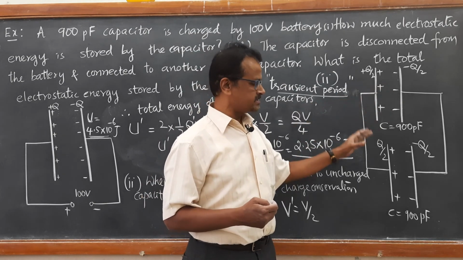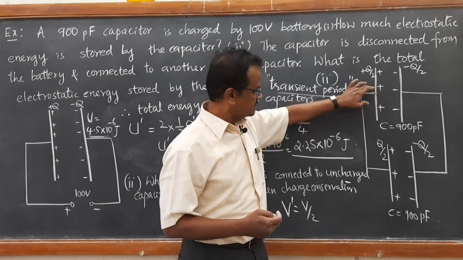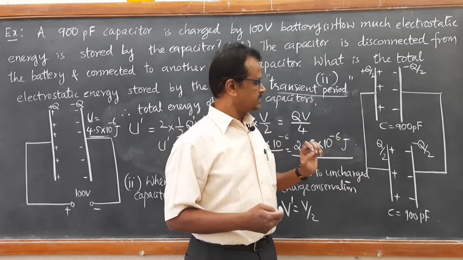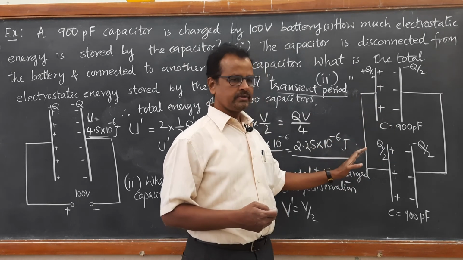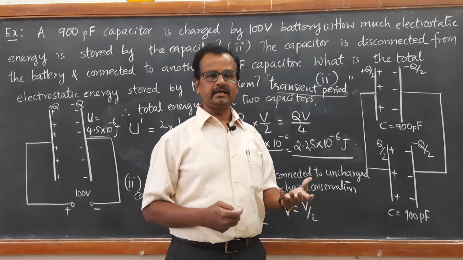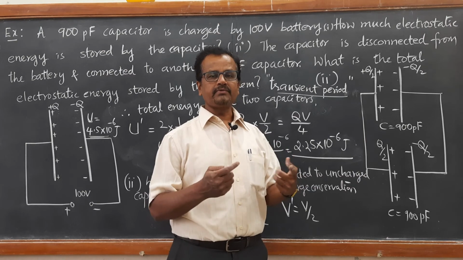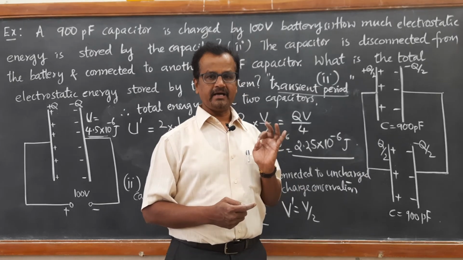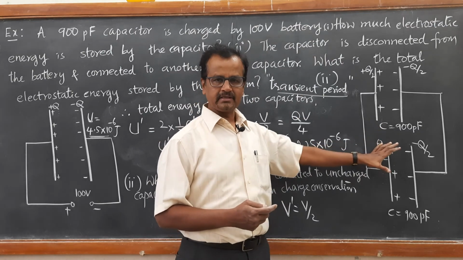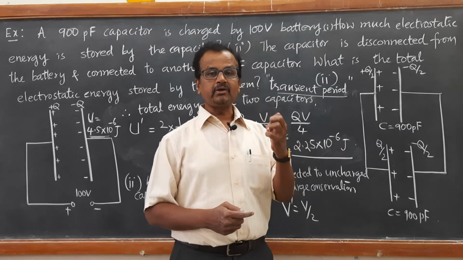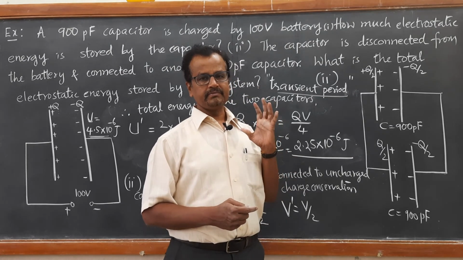Because of the flow of charges, a current is developed in the connecting conductors, the connecting leads. When the current flows during this transient period, due to the transient current, there is loss of energy in the form of heat, Joule's heating effect, I square R loss. Second, it is also lost in the form of electromagnetic radiation. Please remember this.